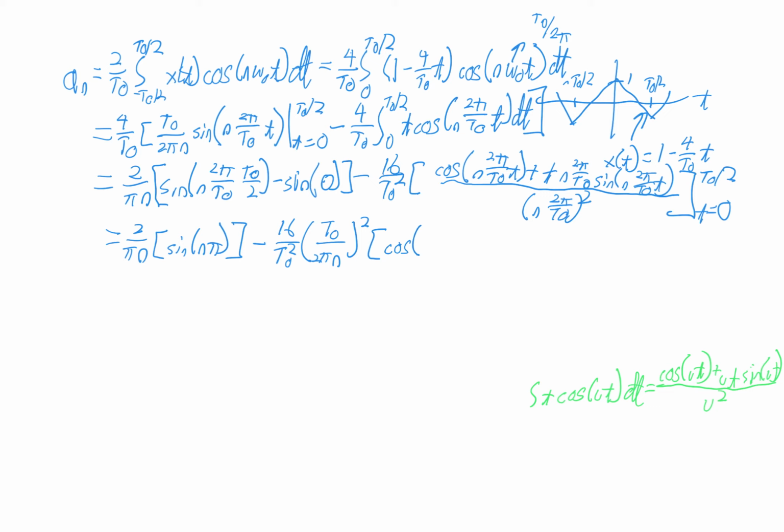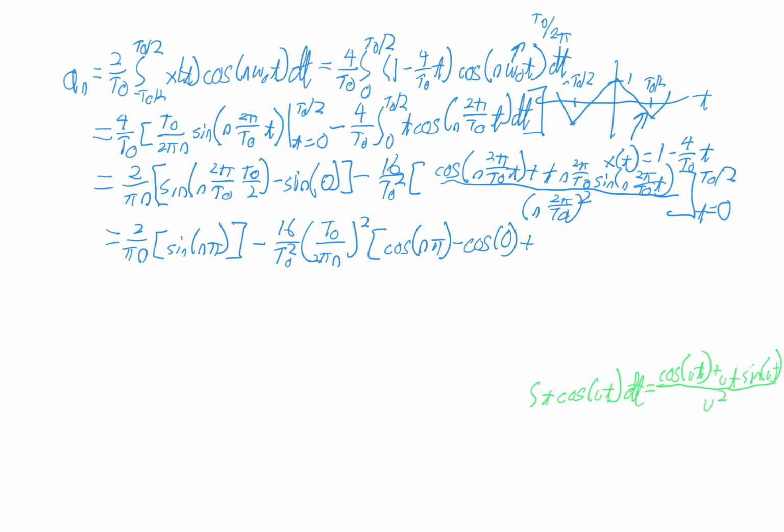Small t here is t naught over 2. So the t naught and the 2 both cancel out, and we're left with cosine of n pi. Then we subtract off that part evaluated at the lower limit, where small t is 0, so we're just going to have cosine of 0, which is going to simplify, of course, because that's equal to 1.